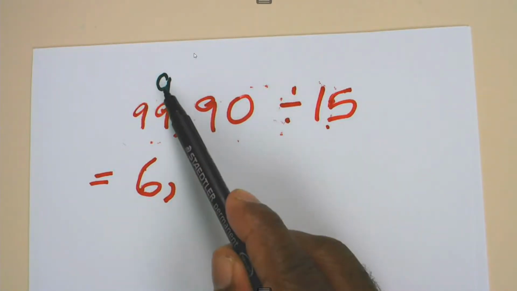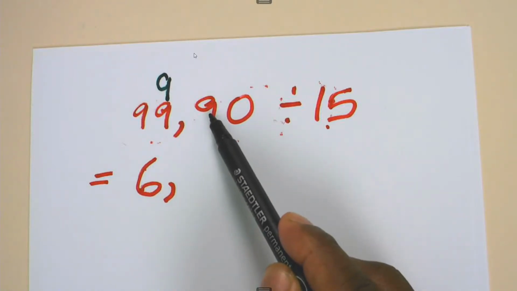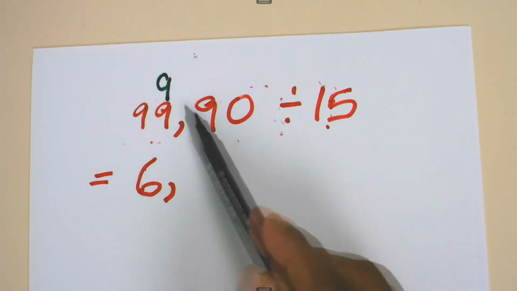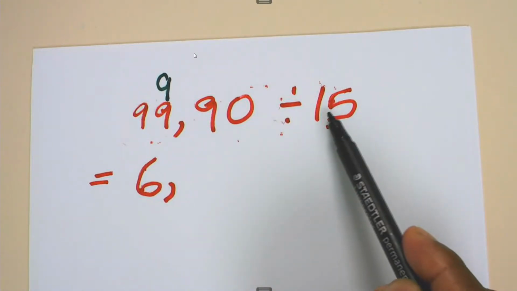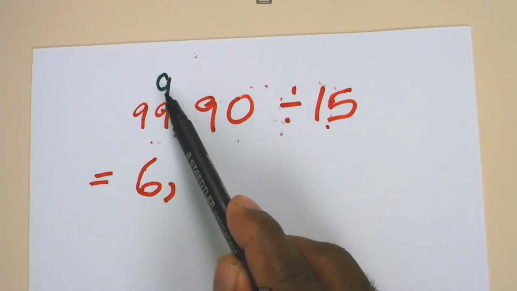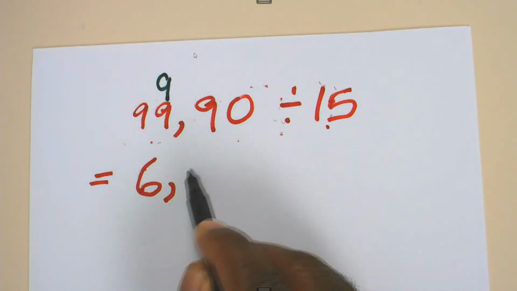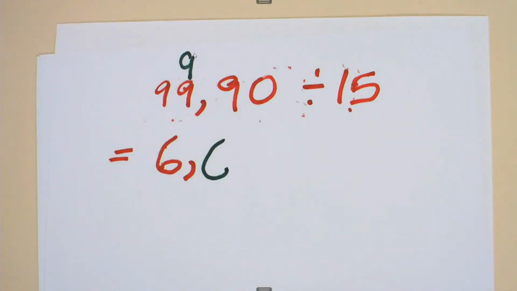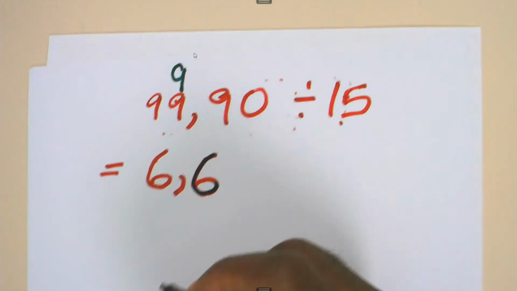Now 9 units and this 9 tenths will give us 99 tenths, so we say 15 into this 99 tenths, how many times does it go? It goes again 6 times.